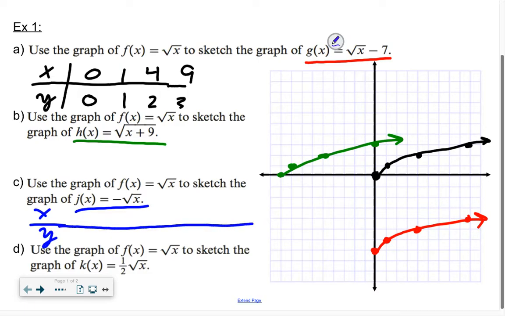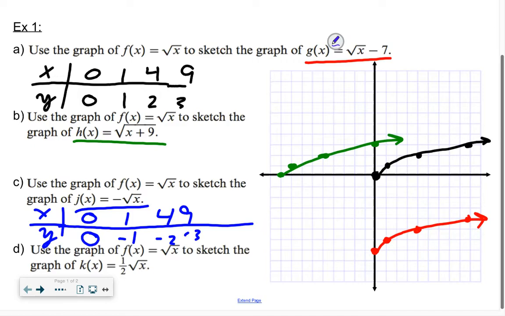Let's use our same x's. We had 0, 1, 4, and 9. If I plug 0 into this, I can't have negative 0, so it's still 0. Square root of 1 is 1, but it's negative, so it's negative 1. Square root of 4 is 2, so negative 2. And negative 3.